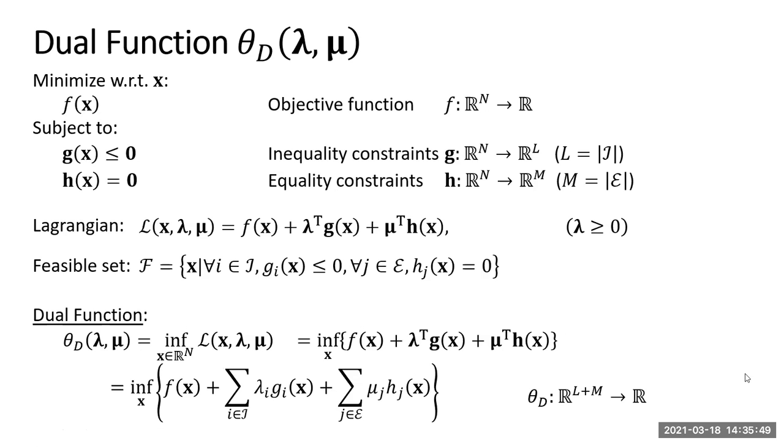That's a mapping from, since we have L number of inequality constraints, lambda is L dimensional, and since we have M number of equality constraints, mu is M dimensional, and so theta d is a mapping from L plus M dimensional space to a scalar quantity.